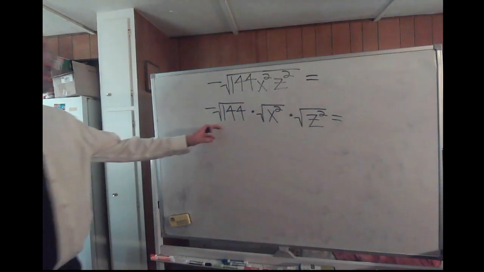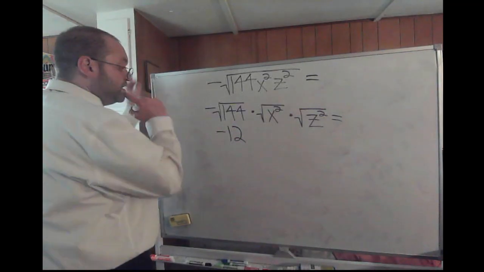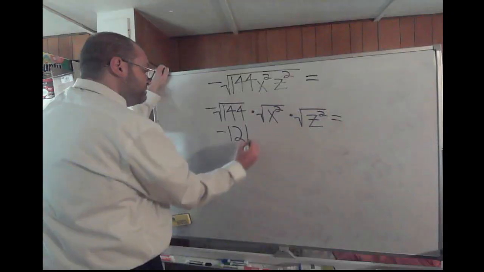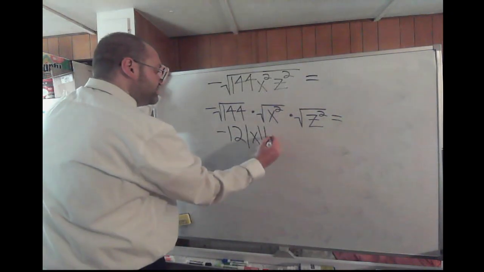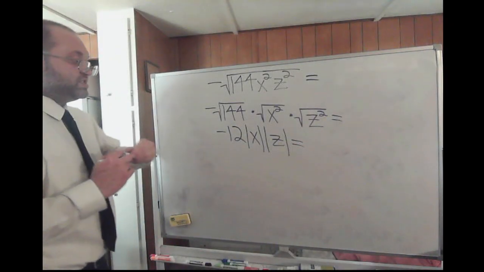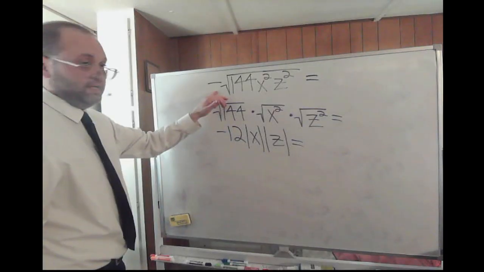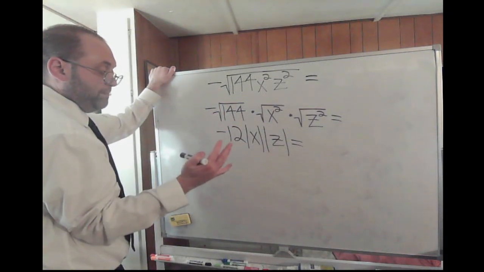Negative of the square root of 144, that's negative 12. Square root of x squared is the absolute value of x, times the square root of z squared, the absolute value of z. The reason these are still absolute values is that we want to ensure we always get a negative answer, since there's a negative sign on the original.